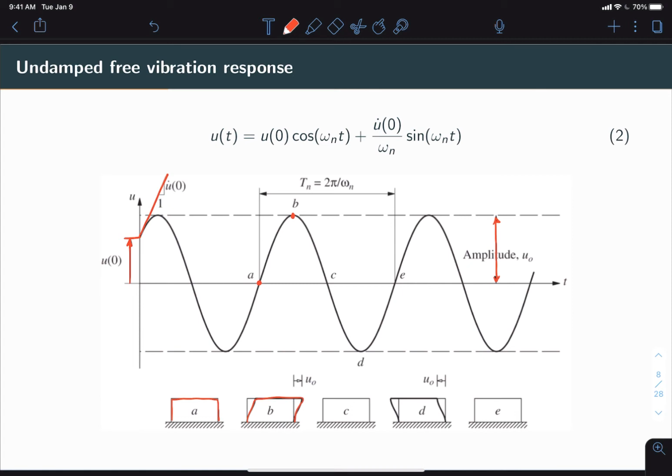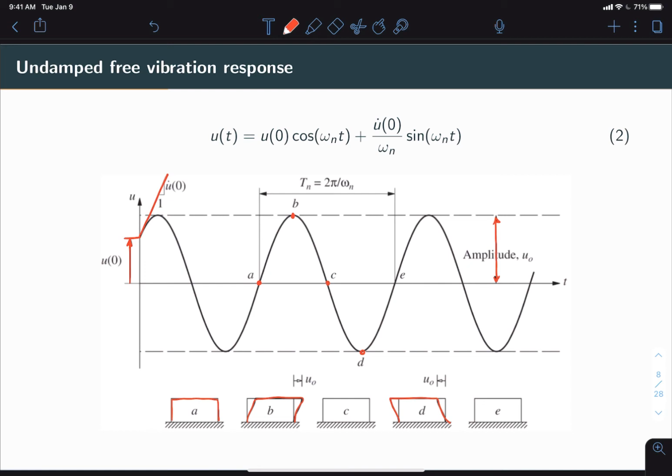At that point, the system stops accelerating and the stiffness pushes it back, or brings it back to the equilibrium position, again C, which then it overshoots and goes to the maximum displacement on the other side, which is D, and the process continues over and over. Okay, so it's similar to a pendulum, just going back and forth.